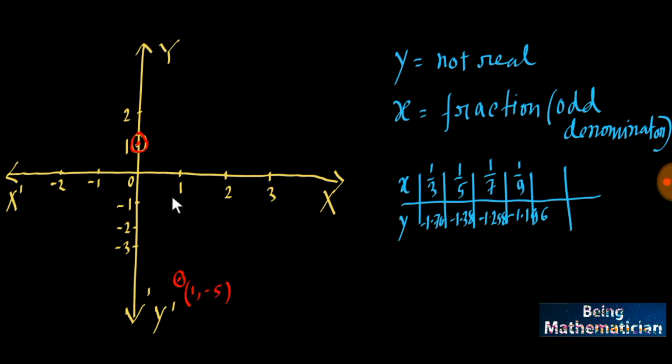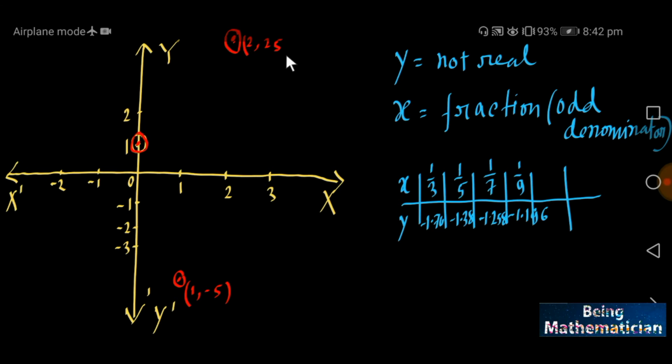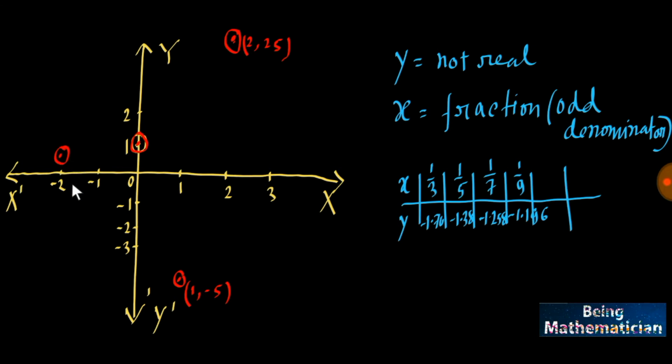Now plot (2, 25). So 2 and 25 is so big, so assuming that this point (2, 25). Now let's plot (-2, 1 by 25), and this is the point, assuming that (-2, 1 by 25).